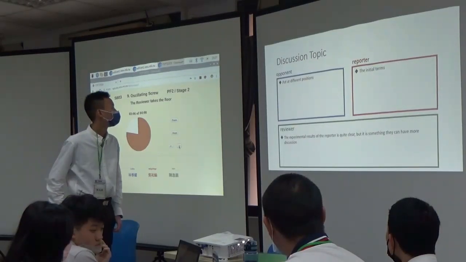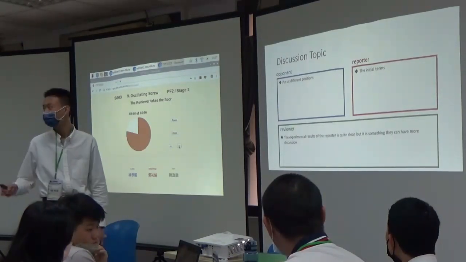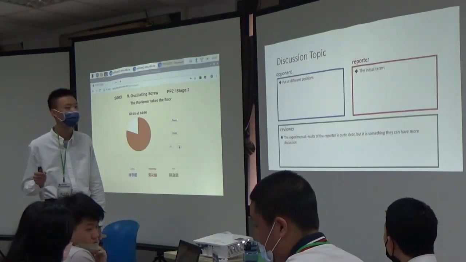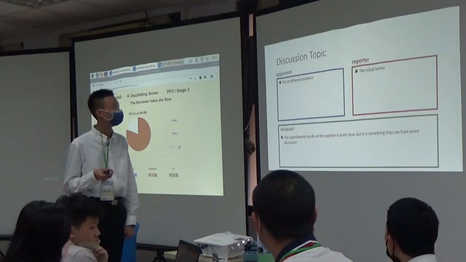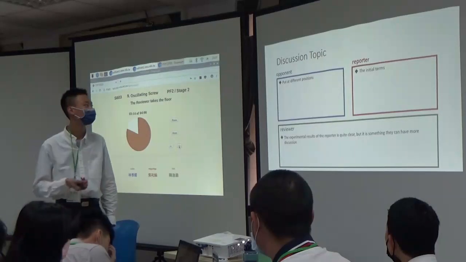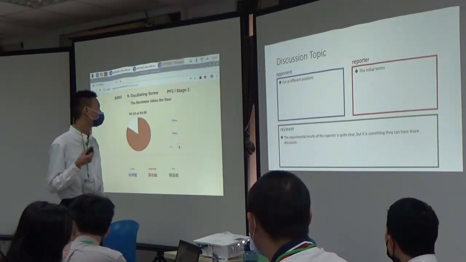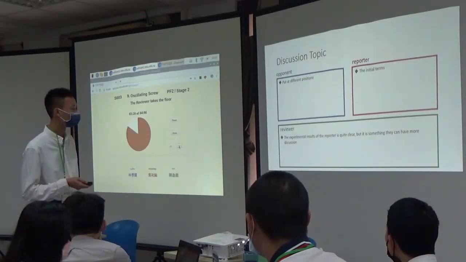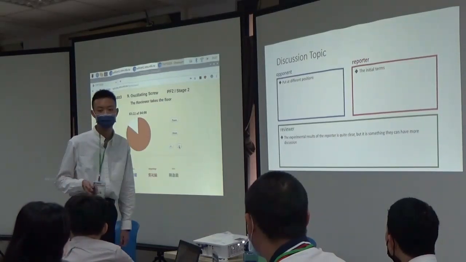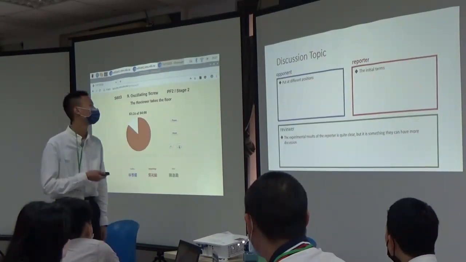And as the last part, they put the screw at different positions of the surface, and the reporter said the position influences the initial term. In my opinion, the experimental results of the reporter are quite clear, but there is something that can have some more discussion.